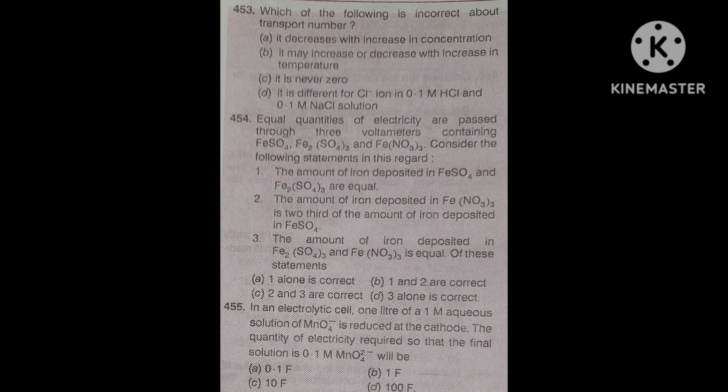Second: amount of iron deposited in Fe(NO3)3 is 2/3 of the amount deposited in FeSO4. And third: amount of iron deposited in Fe2(SO4)3 and Fe(NO3)3 is equal. Considering these 3 statements, which one is correct?